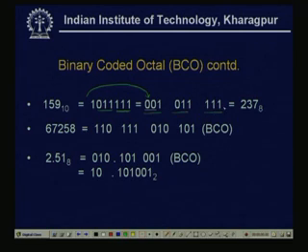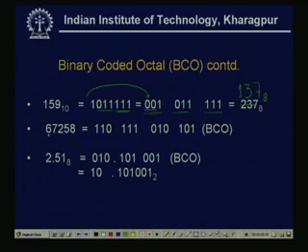Now, 0 0 1 means this is 1, then 0 1 1 means this is 3 and 1 1 1 means this is 7. So, this is 137 in octal value.